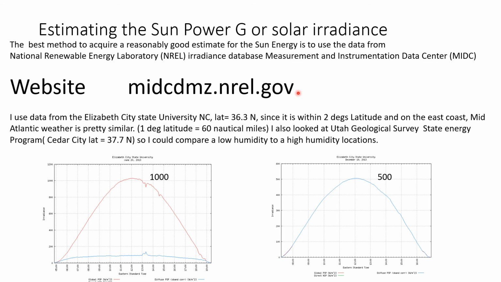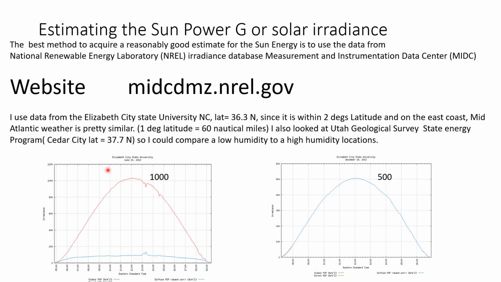It's published by the United States National Renewable Energy Laboratory, and it's an irradiance database based on measurements and instruments. Okay, this means that these plots will have weather in the equation.